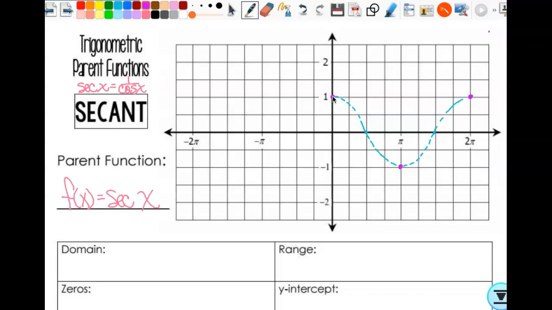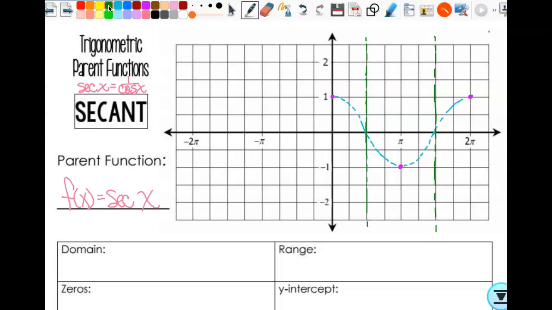The cosine of pi halves is 0, so what is the secant of pi halves? Undefined. So where cosine has a 0, we are going to have an asymptote. Both places. Those are your 5 pieces. You have 3 anchor points and 2 asymptotes.